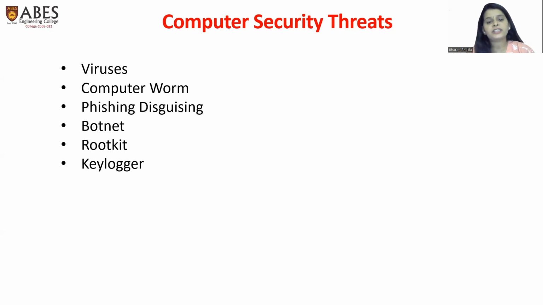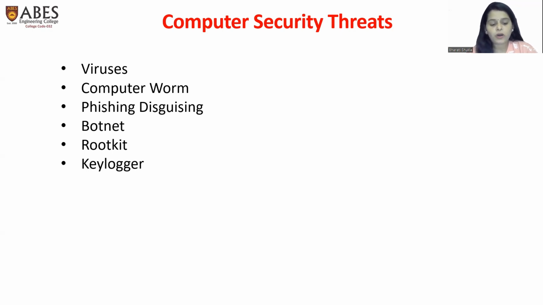Now, next is a rootkit. A rootkit is a computer program designed to provide continuous privileged access to a computer while actively hiding its presence. And last is a keylogger. A keylogger is also known as a keystroke logger. A keylogger can track the real-time activity of a user on his computer.